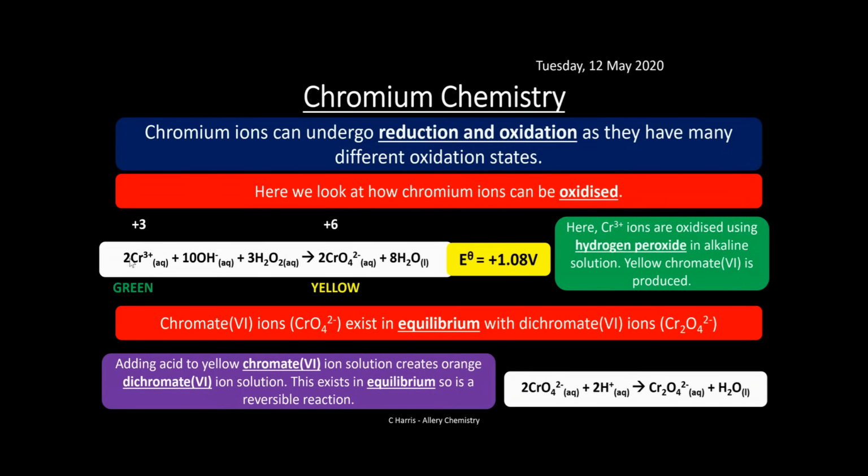And this exists in equilibrium, so it is a reversible reaction because it goes forwards and backwards. So here it is. Here your chromate(VI) ions reacting with your acid to effectively form your dichromate and water, which is on the top there.